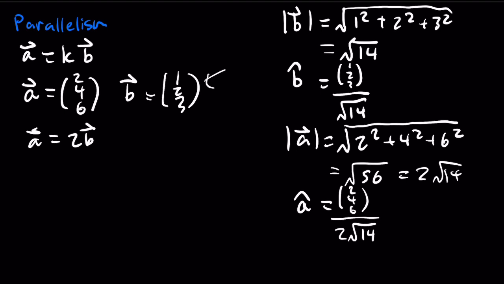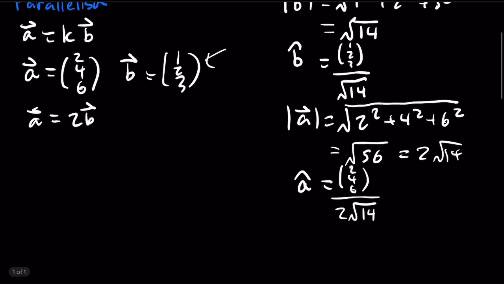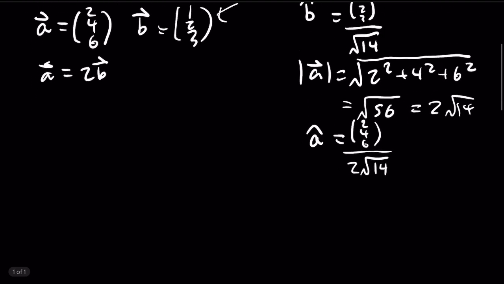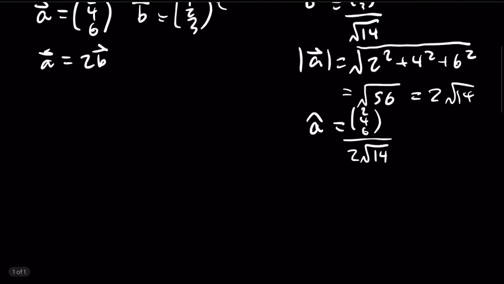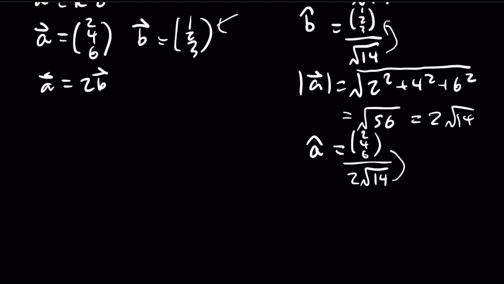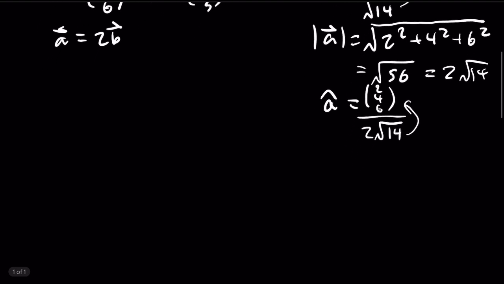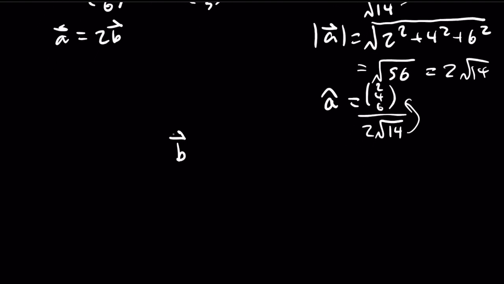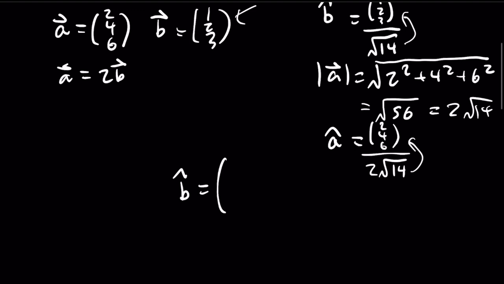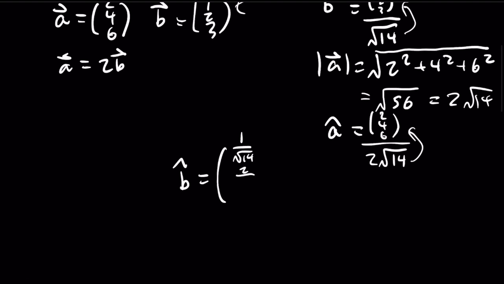And now let's compare the unit vector of a and the unit vector of b. So first, let's divide the vector by its magnitude, and we'll see that the unit vector of b is equal to 1 divided by root 14, 2 divided by root 14, and 3 divided by root 14.